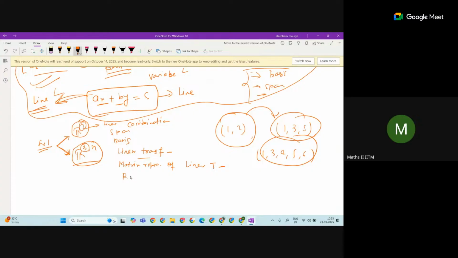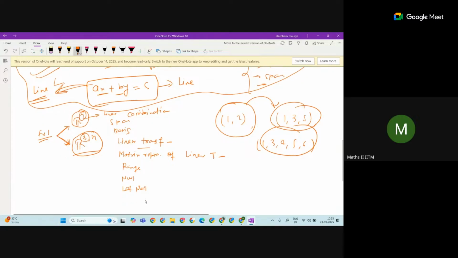and range space, null space, left null space, the 4 fundamental spaces. Okay, maybe inner product we will see.